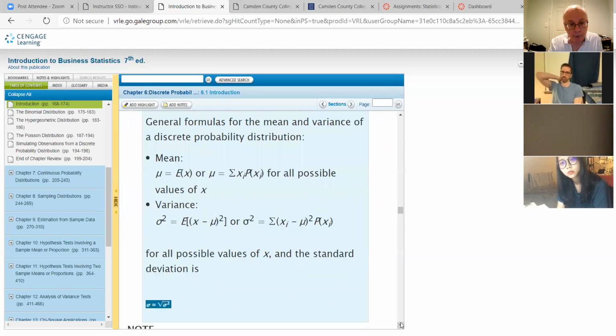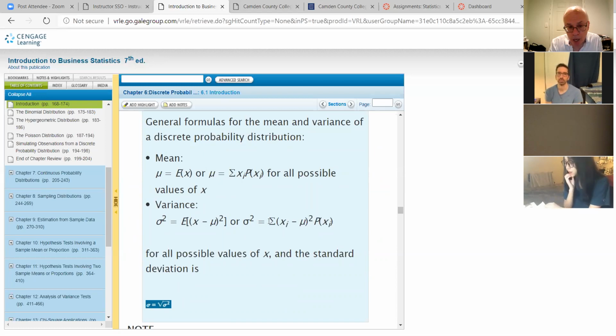All right, so they're getting a little fancy here with the notation. But notice that the variance is exactly what we did in the Excel spreadsheet, except I used E of X instead of mu, the expected value of X for the mean. But it's the same formula.